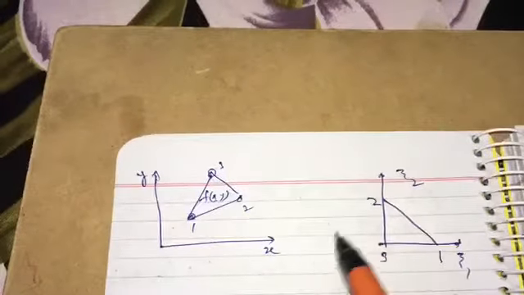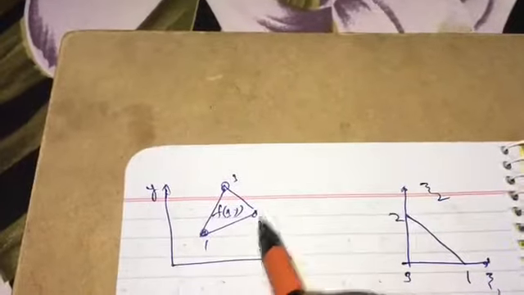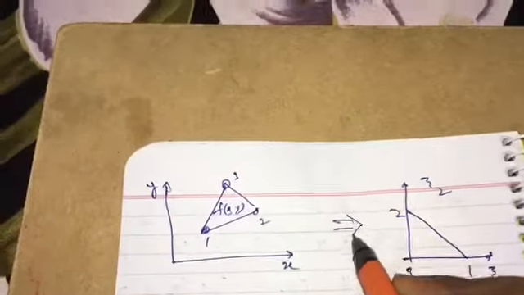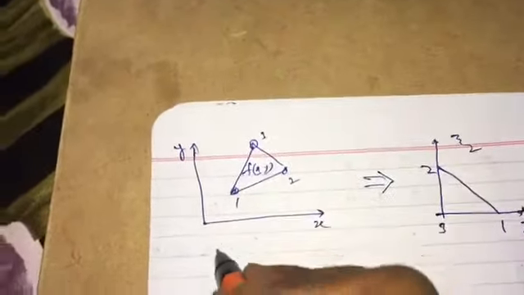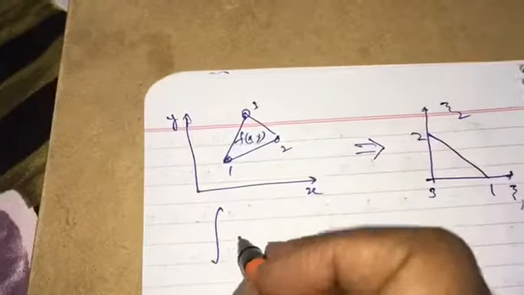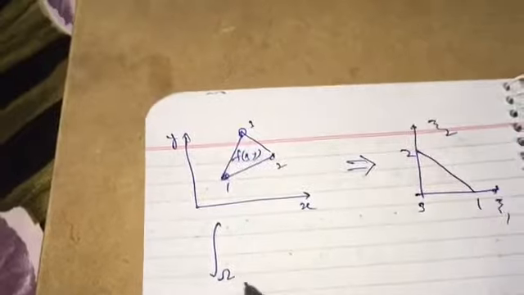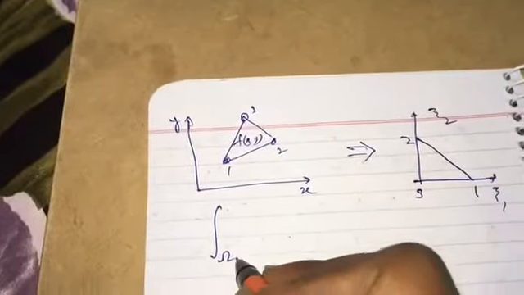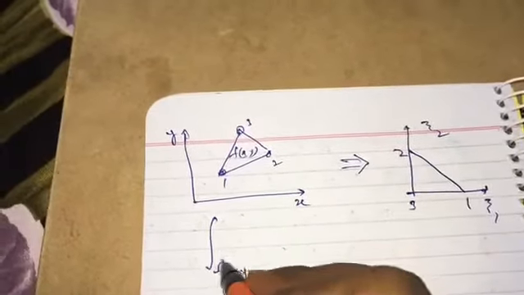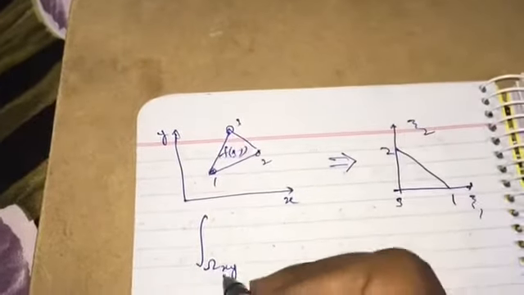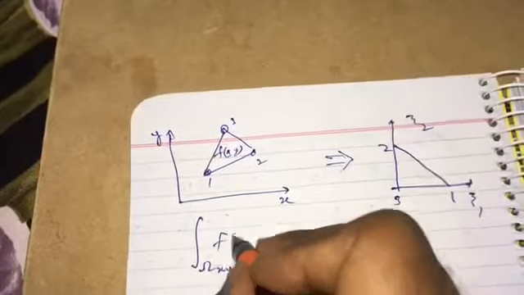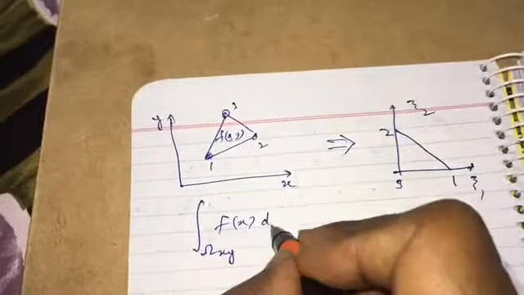So this is transformed. What I mean to say is, if you have to integrate over the whole area A, say this domain in xy, let's say omega xy and f(x,y) d omega.